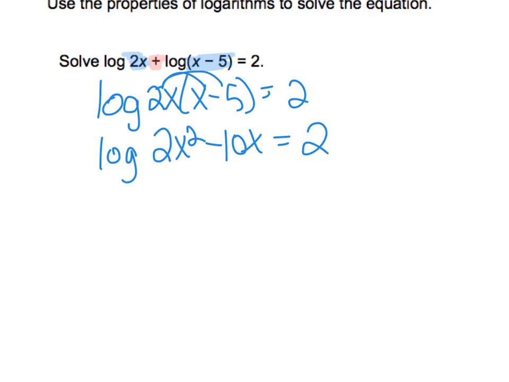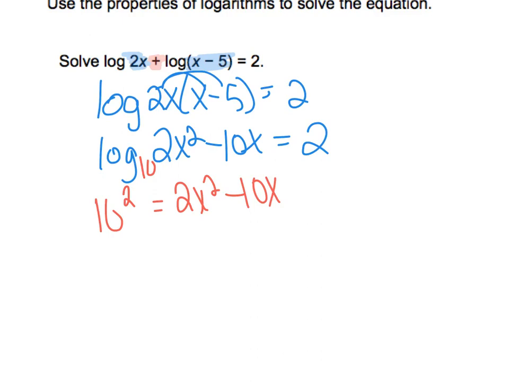Again, not to forget, if there is no base, it's a base 10. Now we have an equation kind of like what we just did a minute ago, where we have a log on the left and not on the right, which means we need to change it to exponent form. So we'd have 10 to the 2nd power equals 2x squared minus 10x.